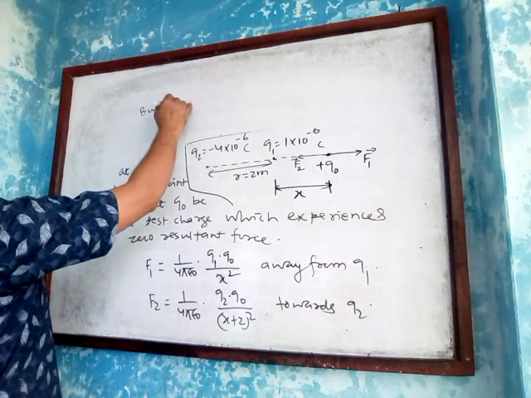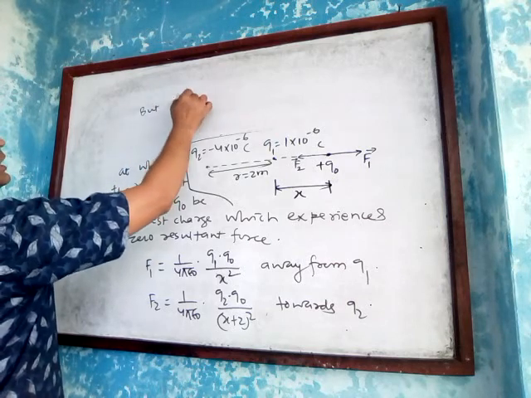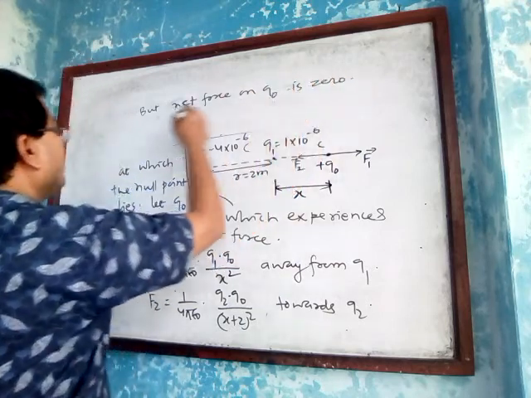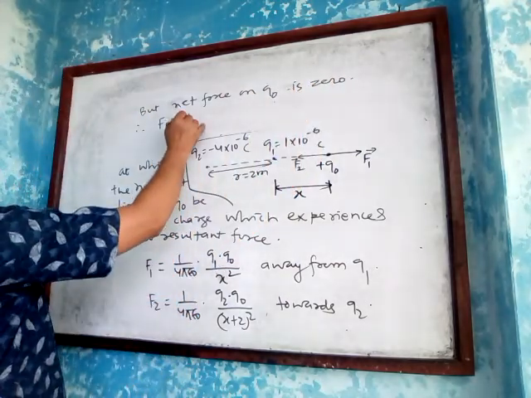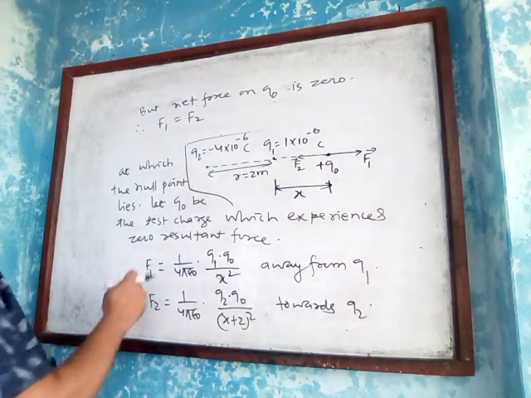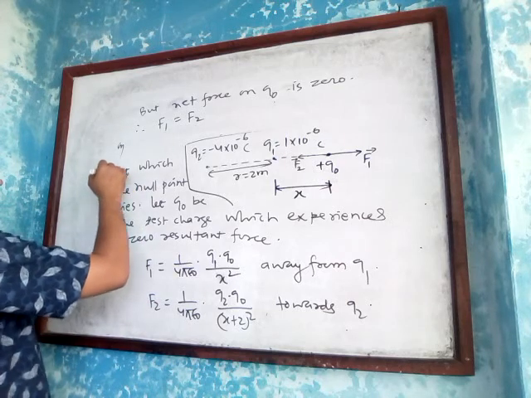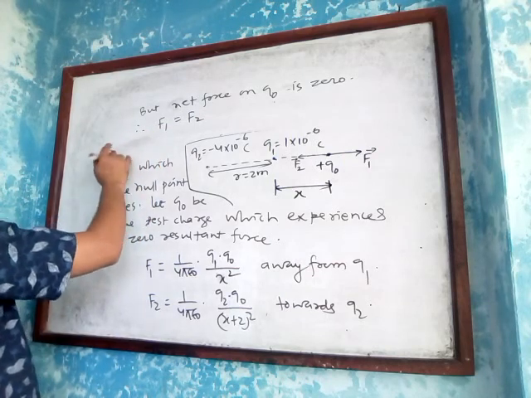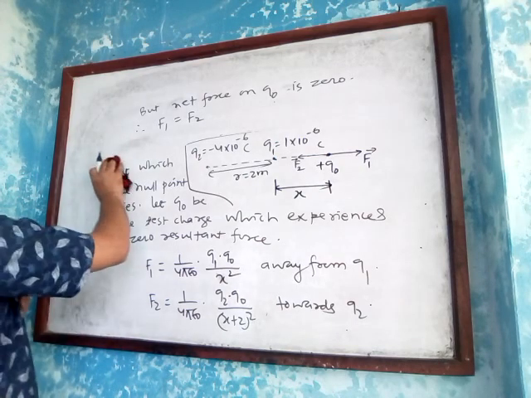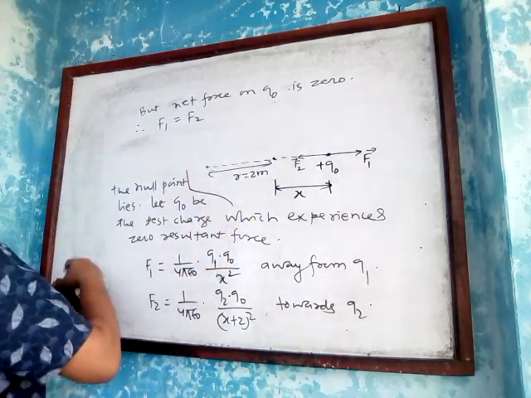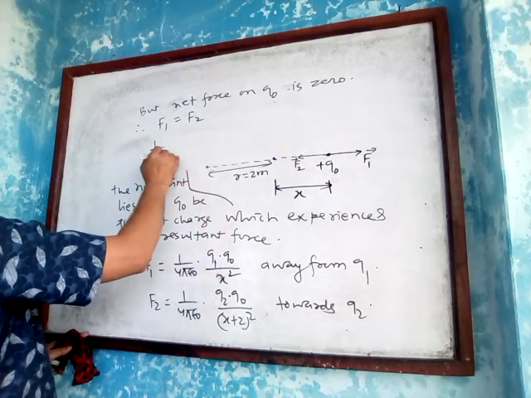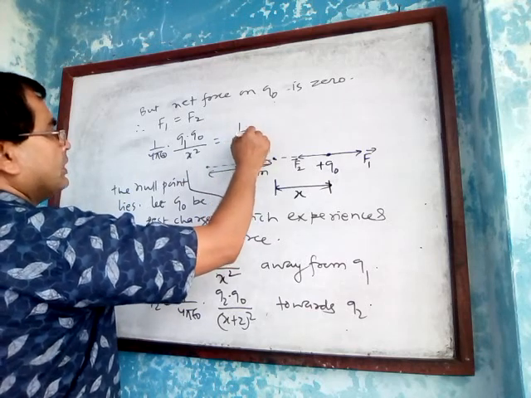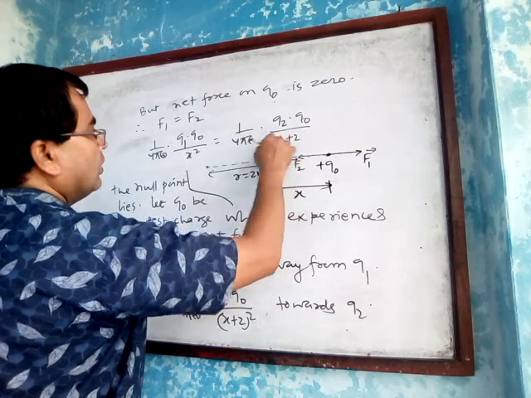But the net force on Q naught is 0. Therefore F1 must be equal to F2, or 1 by 4 pi permittivity naught Q1 Q naught upon x square equals 1 by 4 pi permittivity naught Q2 Q naught upon x plus 2 to the whole square.